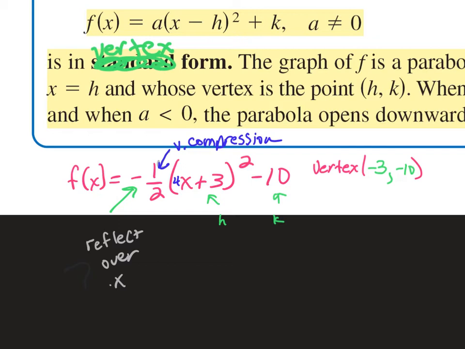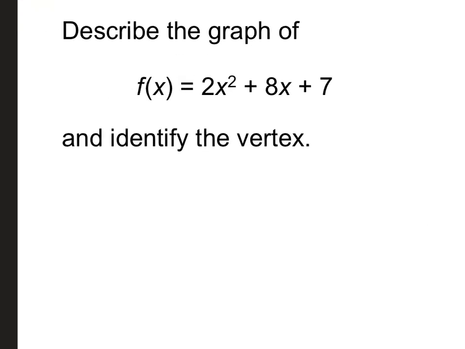Anything with the x is the opposite of what you think. So if you have the whole number 4 in front of x, you would think it's a stretch, but that would really be a horizontal what? Compression. Yep. We're getting ahead of them, but that's okay. It's a good review.